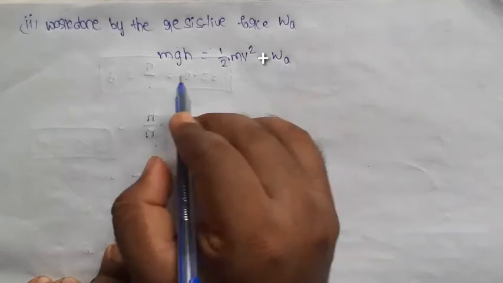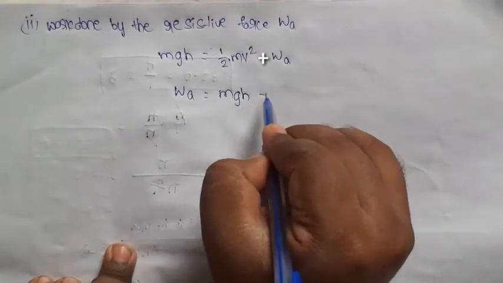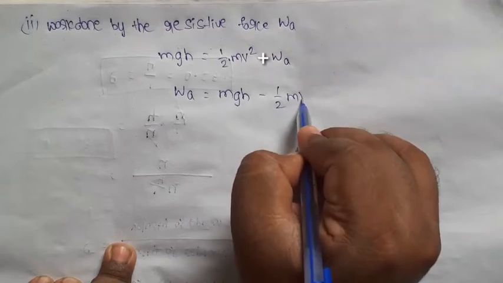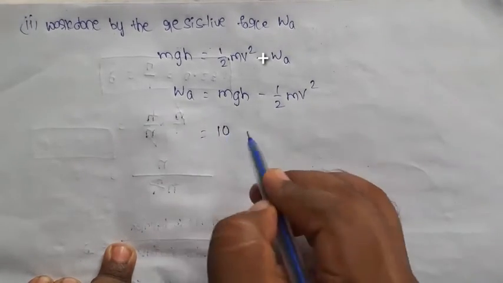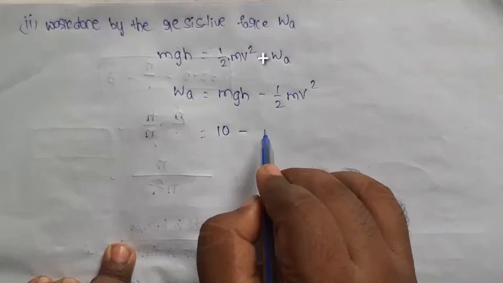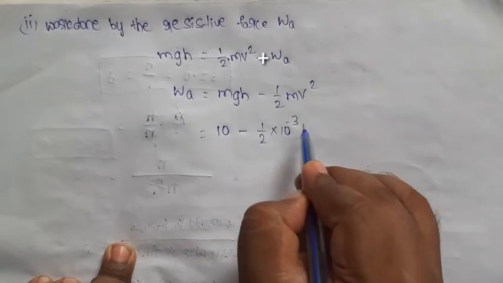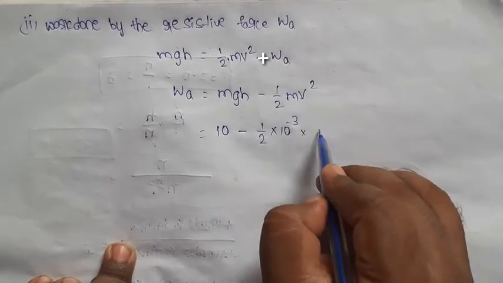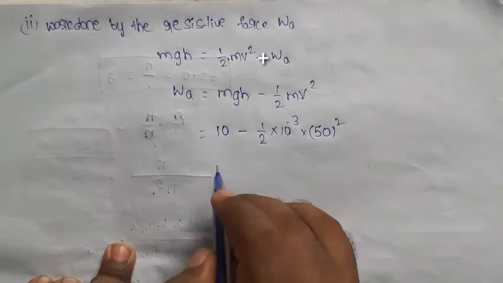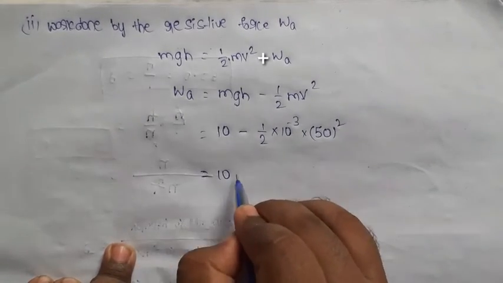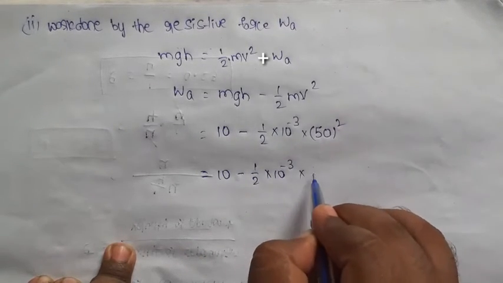We are going to find W_A equal to mgh minus 1 by 2 mv square. We know that mgh value is 10 joule minus 1 by 2, mass value 10 to the power of minus 3, velocity value 50 meter per second, so 50 whole square.